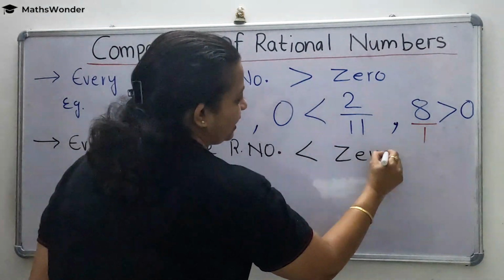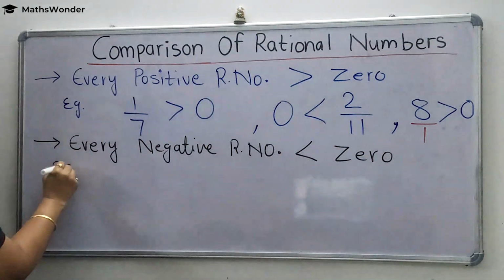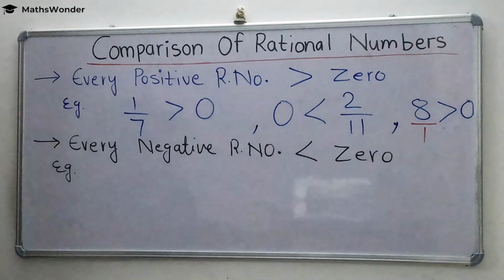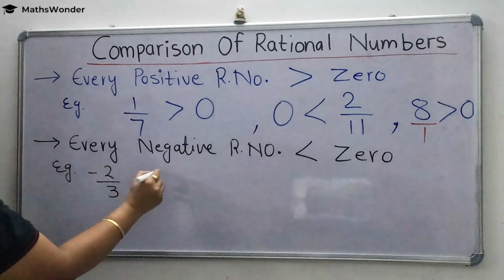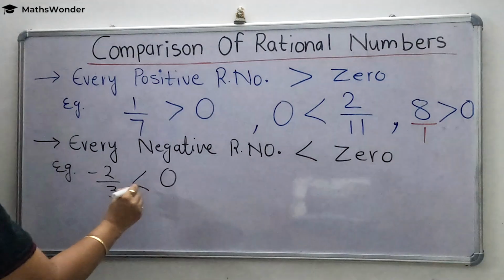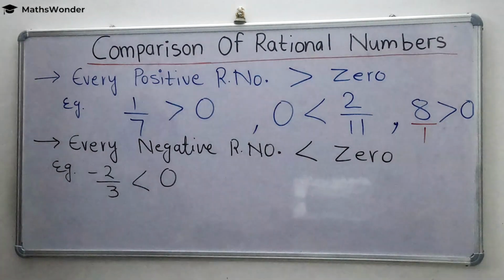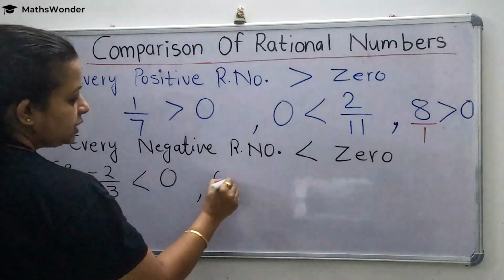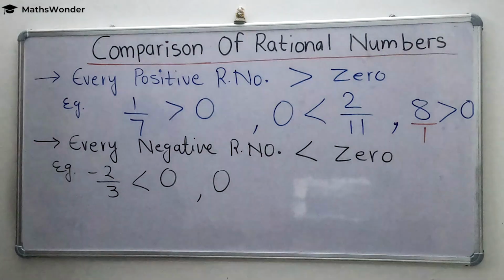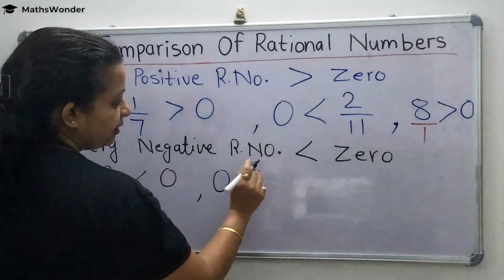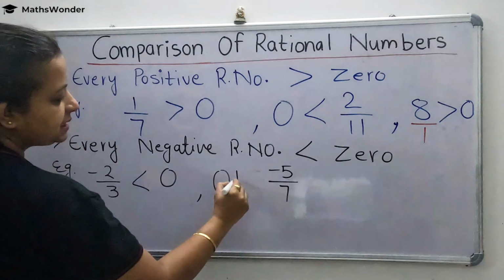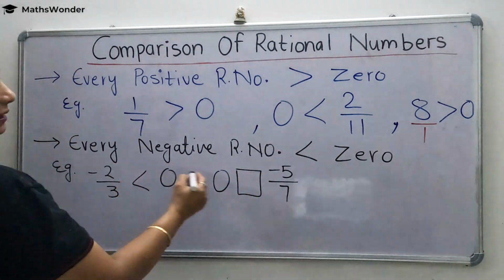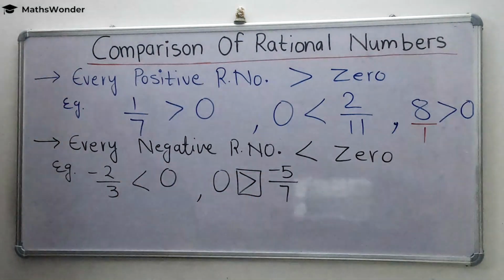For example, suppose we take negative 2 over 3 and 0. Negative 2 over 3 will always be less than 0. Suppose 0 and another rational number, negative 5 over 7. Which is lesser? Definitely negative 5 over 7 will be the lesser number.